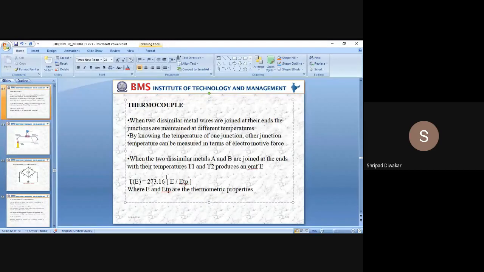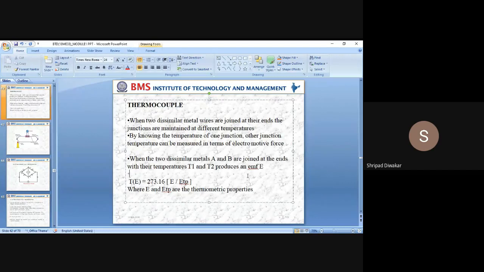When two dissimilar metals are joined at two junctions, connected to the voltmeter, and supplied heat externally, it produces electromotive force. Then we can measure the temperature. As I said, electromotive force, EMF, is the thermometric property. So don't confuse thermodynamic and thermometric property.